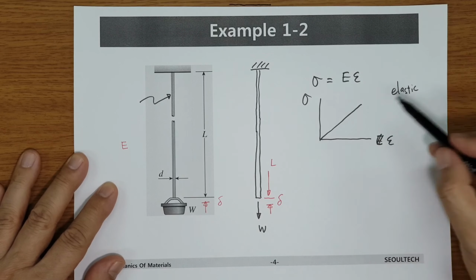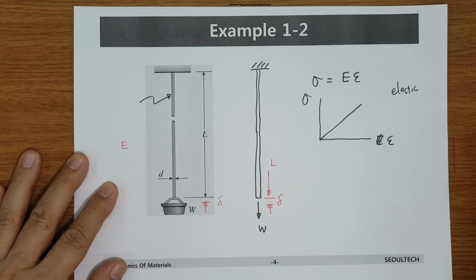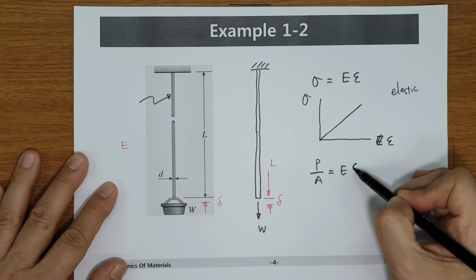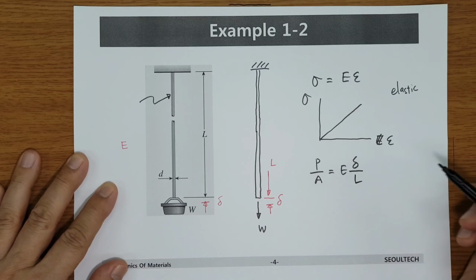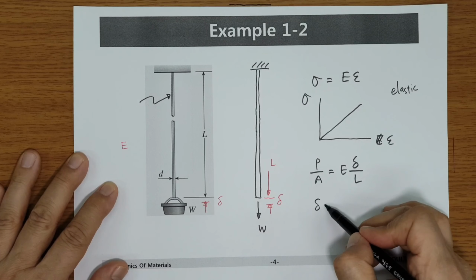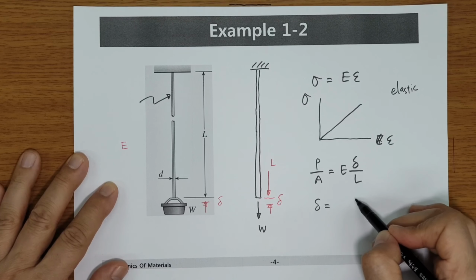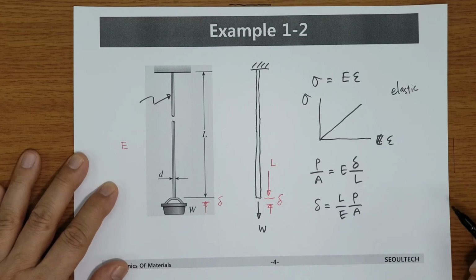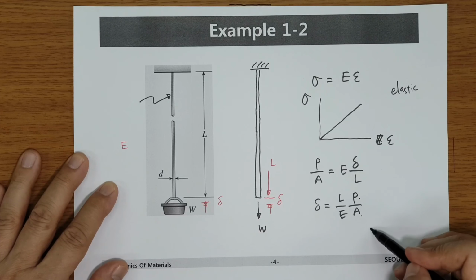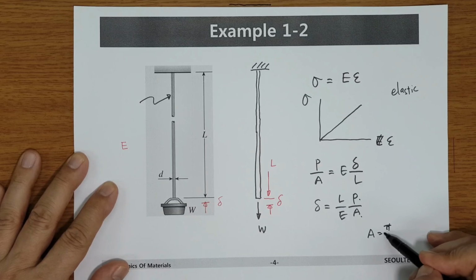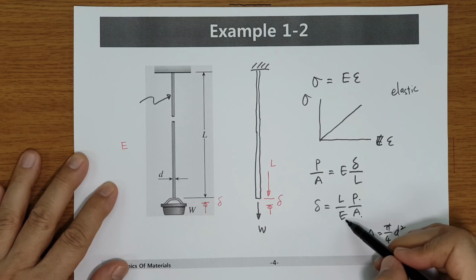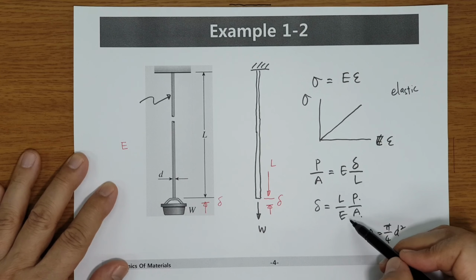Extending this, P over A equals E times epsilon, which is delta over L. So delta is P over A, times L, over E. We know the P value, A is calculated by pi over 4 d squared, and E is the modulus of elasticity, Young's modulus.